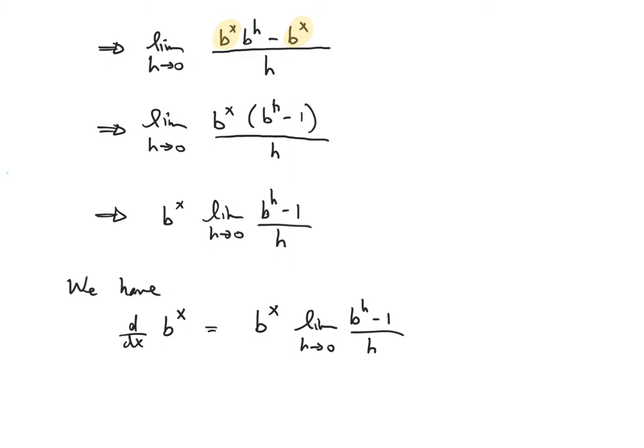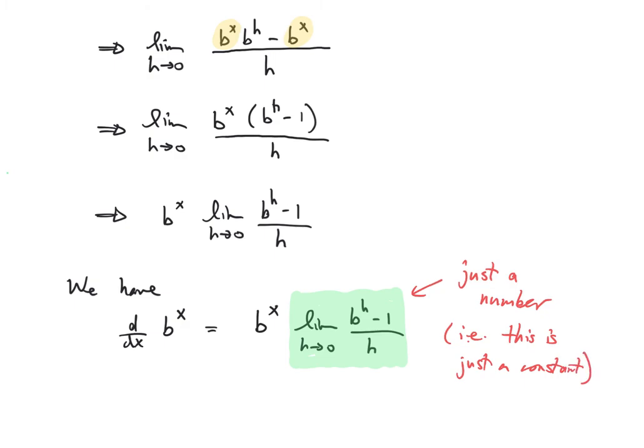Now, I want us to take a moment to look at this piece right here, which I'm highlighting in green, this green box right here. This is just a number. Another way to say that is, in other words, this is just a constant.